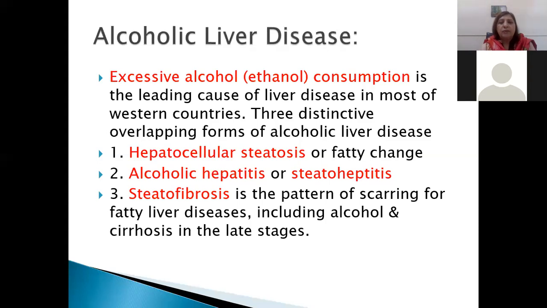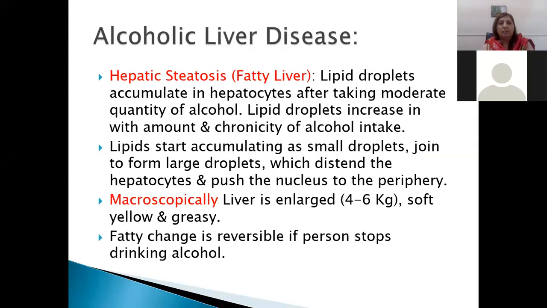It means that the alcoholic hepatitis is now giving rise to a form of cirrhosis, because of first fatty change, then hepatitis leading to cirrhosis. It is that pattern of scarring for fatty liver disease, including alcohol, and cirrhosis in the late stages. Okay, so alcohol can give rise to hepatocellular steatosis or alcoholic hepatitis or steatofibrosis or cirrhosis of the liver.